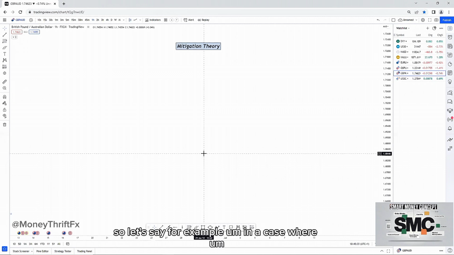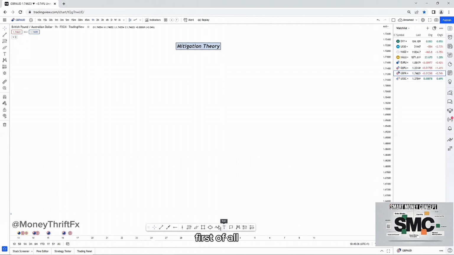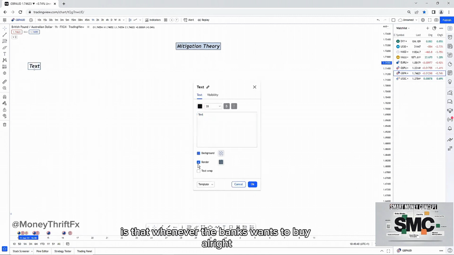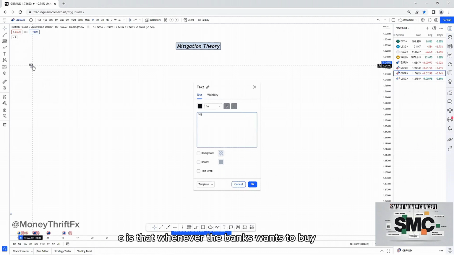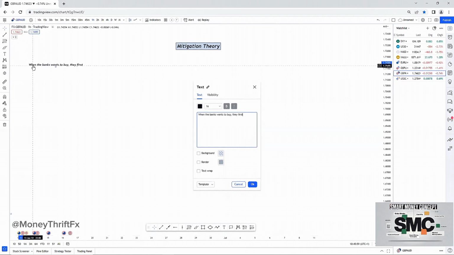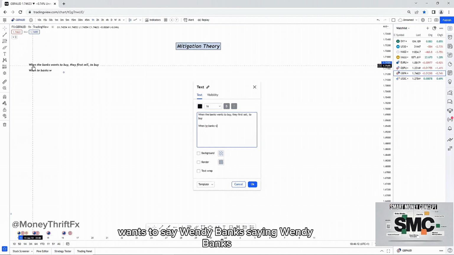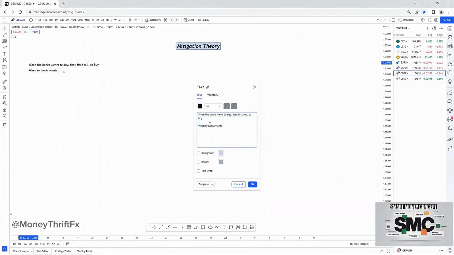So one of the things you want to take note of is that whenever the banks want to buy, they first sell to buy.